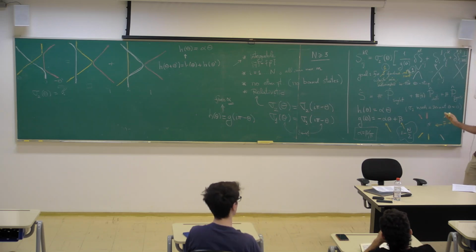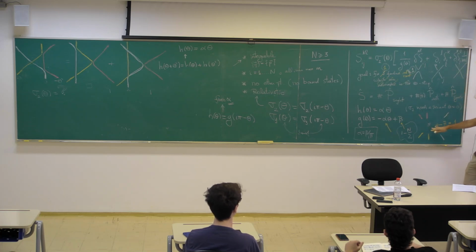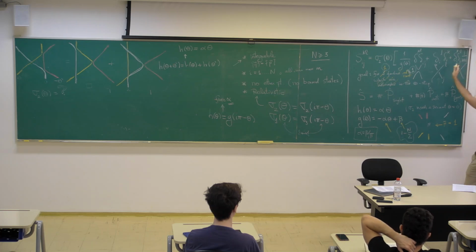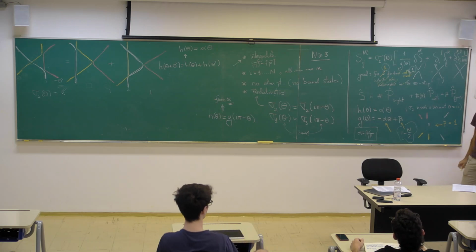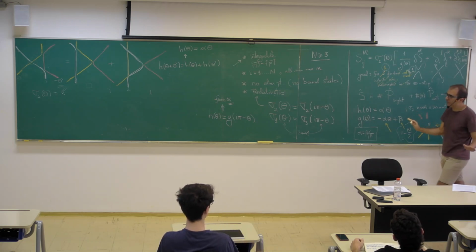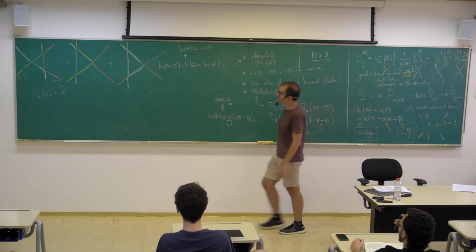Sigma 2 would cancel, and you are already predicting the ratio between all physical processes. If I scatter these colors versus these other colors, you predict all the ratios of all possible amplitudes. It's quite remarkable. It's all up to one single function that we need to fix.